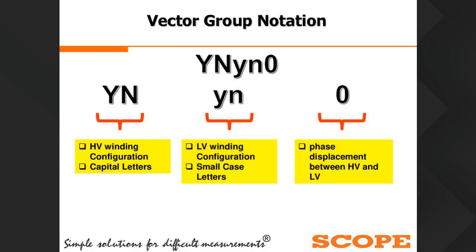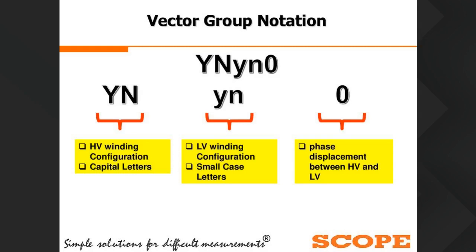If small y and small n are there, we can say it is a star in the LV winding, with n being the neutral at the LV winding, and 0 is the phase angle displacement between HV and LV. So overall you can say capital Y, capital N, small y, small n, 0.